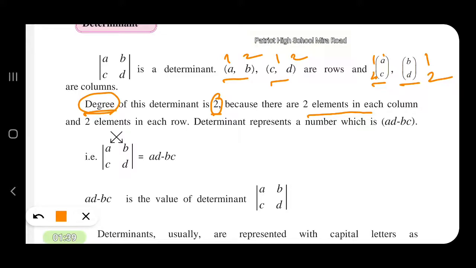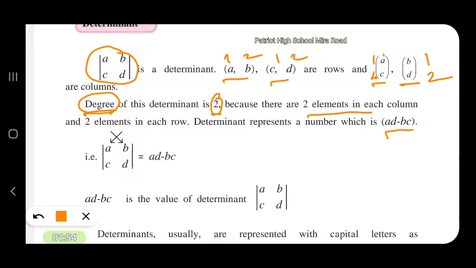A determinant represents a number which is given by AD minus BC. The meaning of this is just a number. And how do we obtain the number? Just cross multiply.